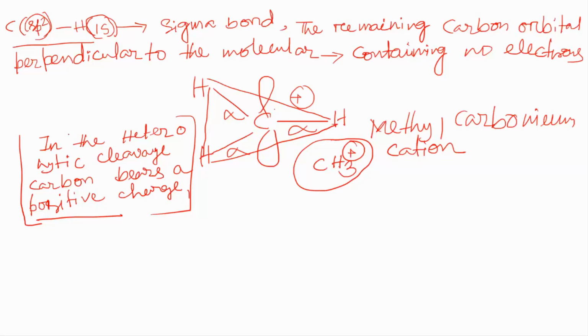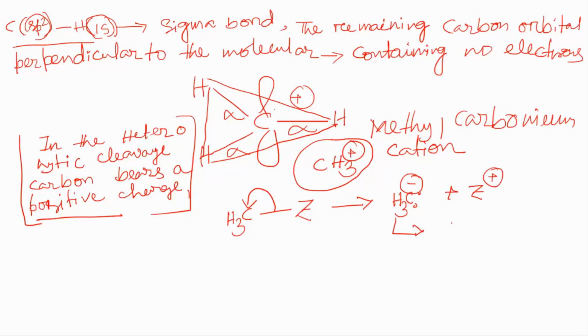Let's say we take CH3 and another group, Z. If the sharing electrons go to the CH3 group, then carbon bears a negative charge, CH3 minus, and Z plus is generated. This anion, with a negative charge on the carbon atom, is called a carbanion.